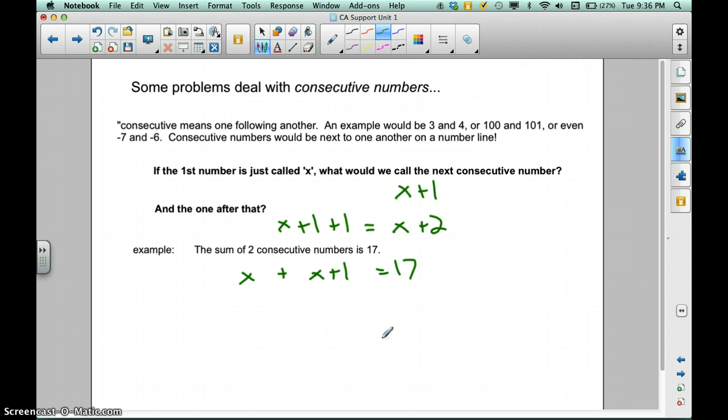Now you're going to have to be able to solve these problems, but for now I'm more interested in the fact that you can translate it. I'd like you to try and solve this one by combining like terms and figuring out what those two consecutive numbers are. Mathematically now, not guess and check. Add x plus x, subtract 1 from both sides, divide by whatever's in front of the x. You're going to find out what x is equal to, and then you need the next number.